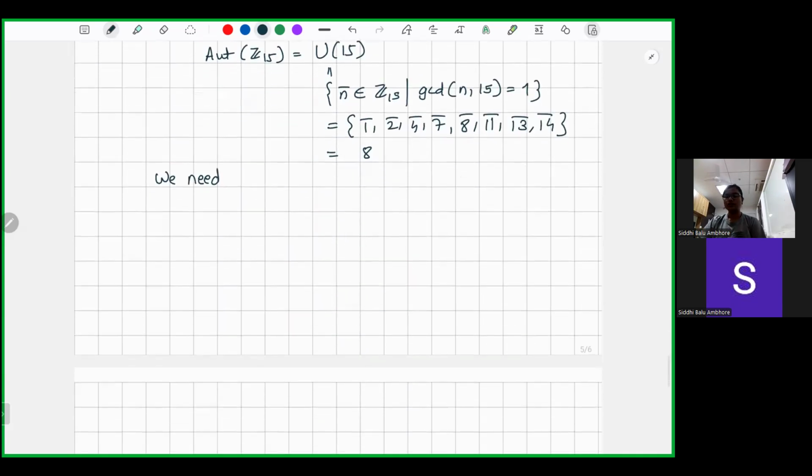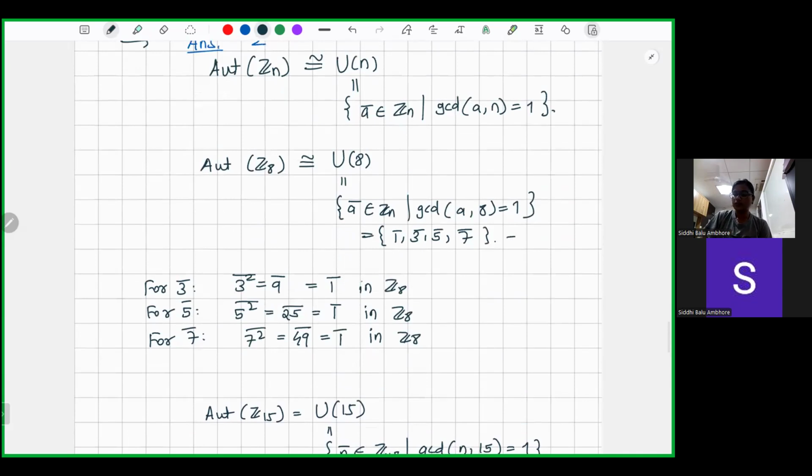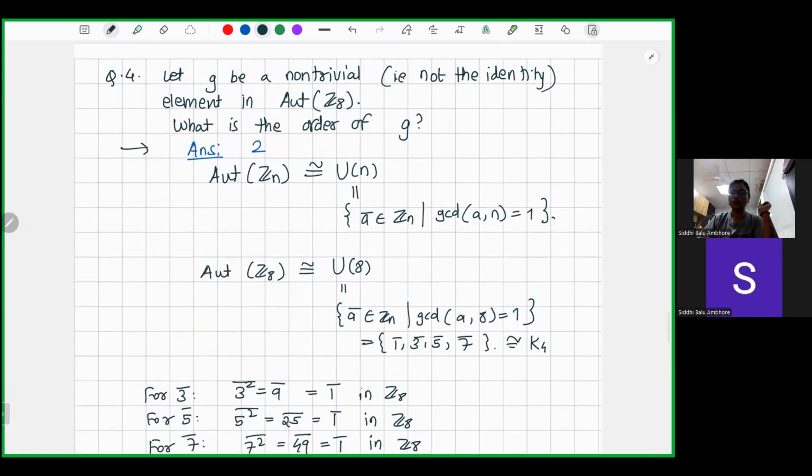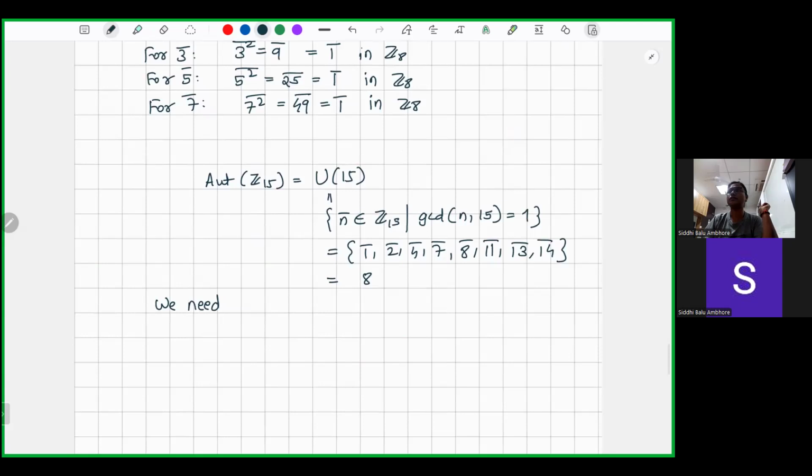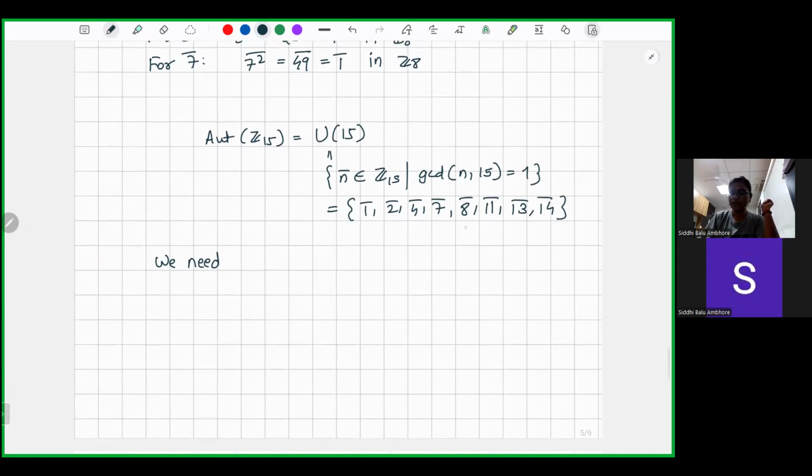So, for example, here the group was isomorphic to K4 and every non-trivial element had order 2. So the answer here was 2 for any non-trivial element. But in general, not all the elements in a group have the same order. So in that case, you can just see what is the maximum possible order or minimal. For example, here 8 times 8 is 64, that is minus 1, that is 14.